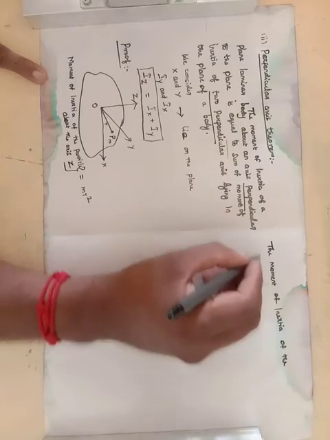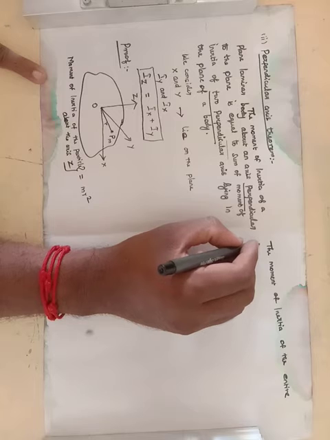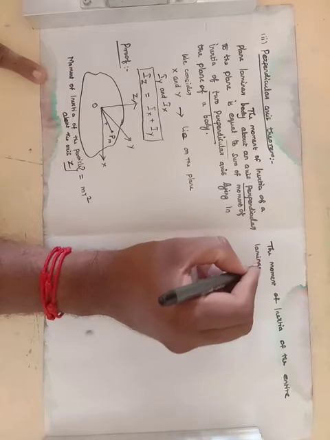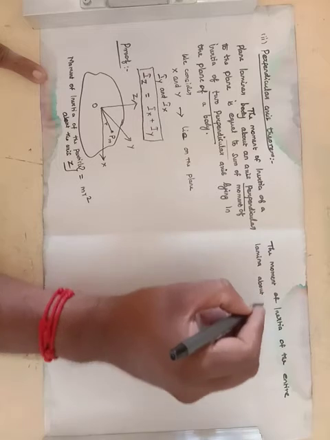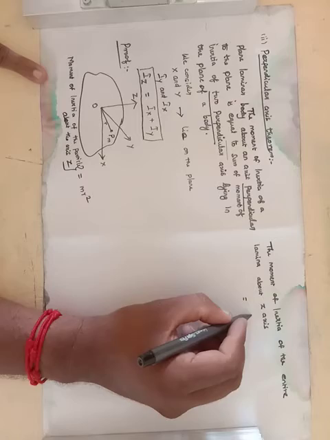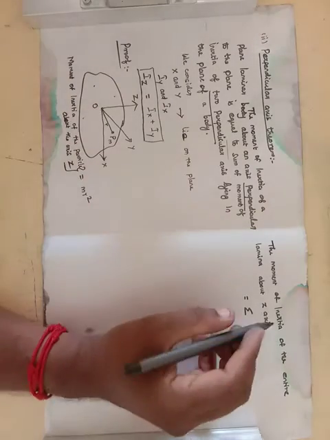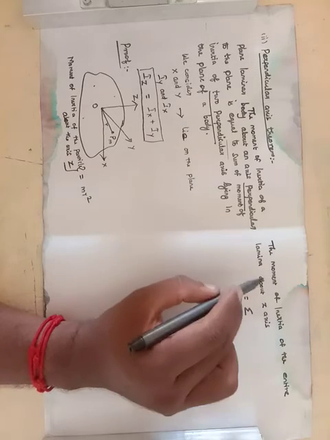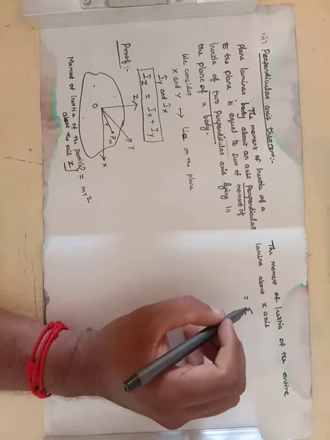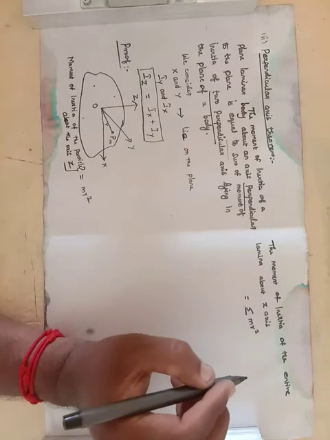The moment of inertia of the entire lamina about the z axis is calculated by the summation of, okay, we consider another point like this. The summation of all the points gives the total moment of inertia of the lamina, so we calculate it using the summation of this equation, the summation m r square.